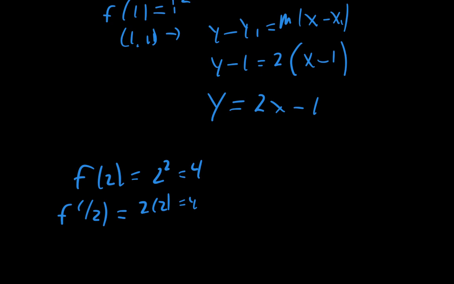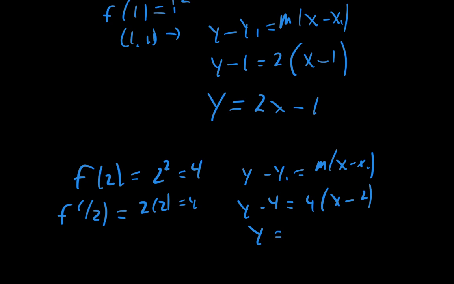And then y minus y1 is equal to m times x minus x1. y minus 4 is equal to 4 times x minus 2. And I think we did this one already. y is equal to 4x minus 8 plus 4, so 4x minus 4.